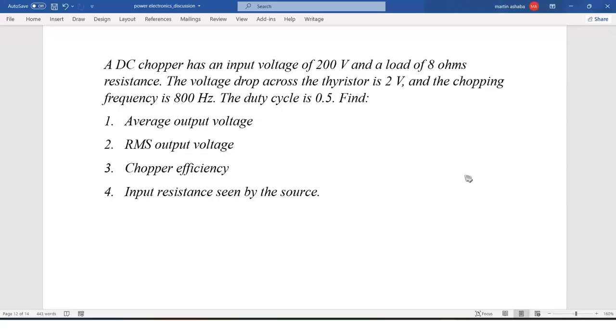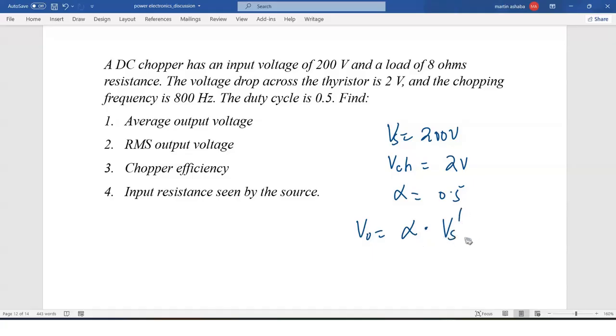So let's right away begin. We have the supply as 200 volts. We have the chopper voltage drop as 2 volts. Then we have the duty cycle as 0.5. So average output voltage V0 is equal to the duty cycle times the effective Vs. The effective Vs, Vs prime, is equal to Vs minus V chopper, in other words, the voltage drop in the chopper.